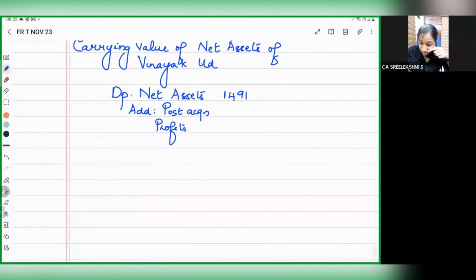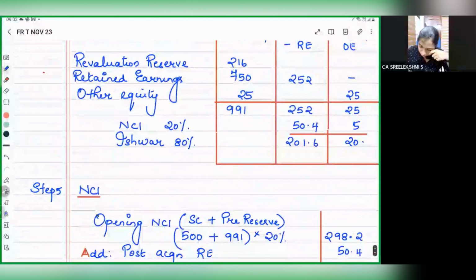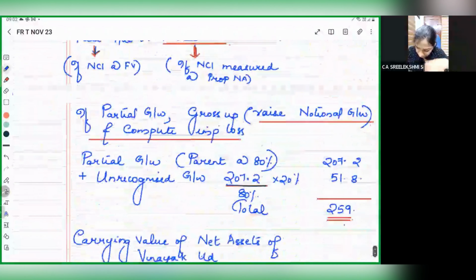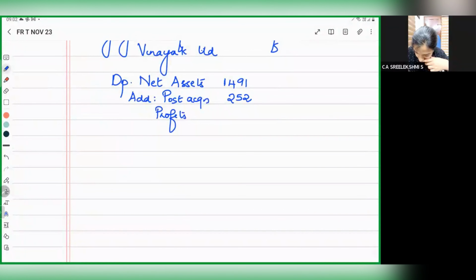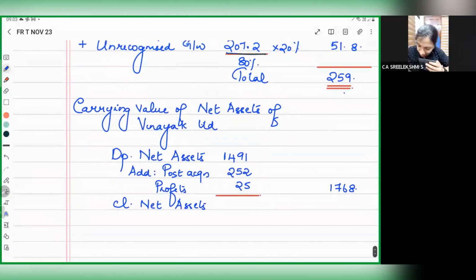How much is post-acquisition profits? 252. Logically, closing net assets should be this, right? 1491 plus 252. In the RTP the answer is very confusing, they have calculated everything again. So 1768 is the carrying value of net assets.